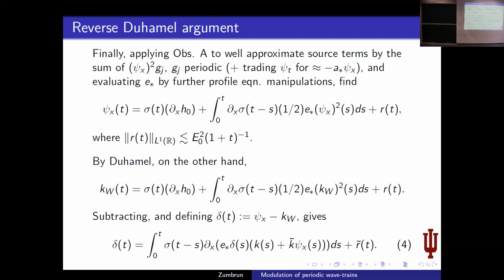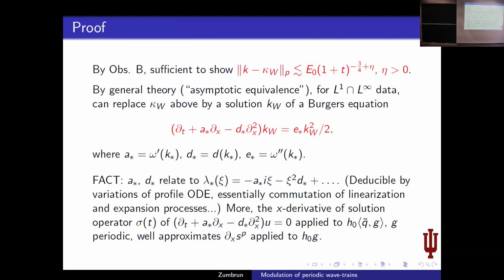So we can find that for our psi, the one that we developed implicitly through our Duhamel iteration scheme, this satisfies little psi of t. That's the solution operator for the linearized Whitham equation times the data, plus the Duhamel version of the same E star psi x squared. This would be the Duhamel representation of the solution of this equation right here, but I'm using the derivative of psi.